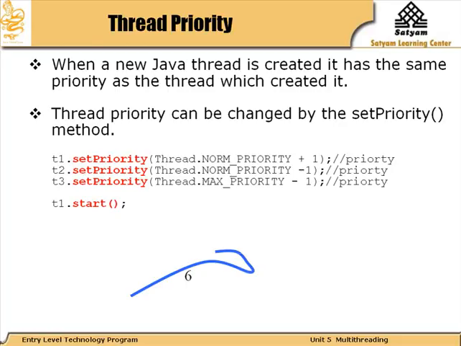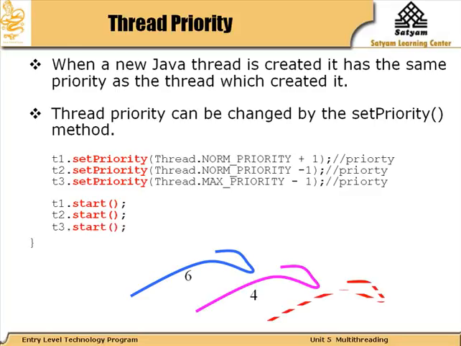When we start T1, it starts with a priority of 6, that is normal priority plus 1. When we start T2, it starts with a priority of 4, that is normal priority minus 1. And T3 starts with a priority of 9, that is max priority minus 1.